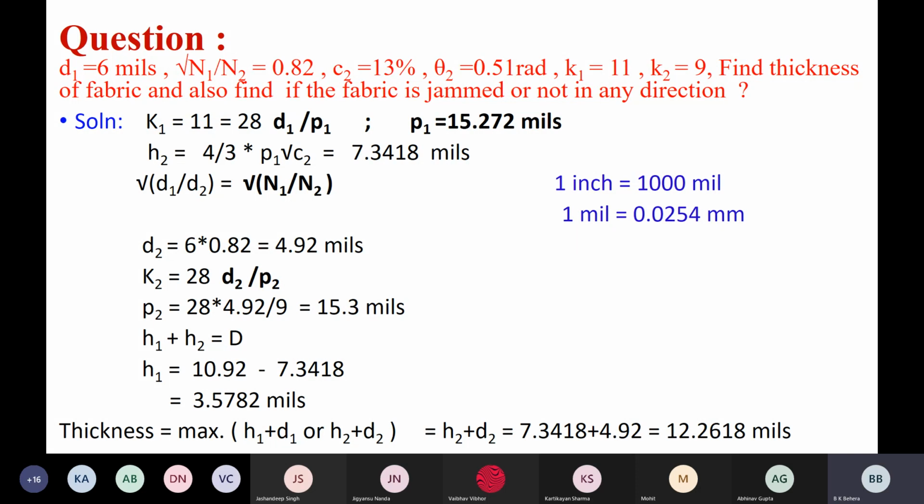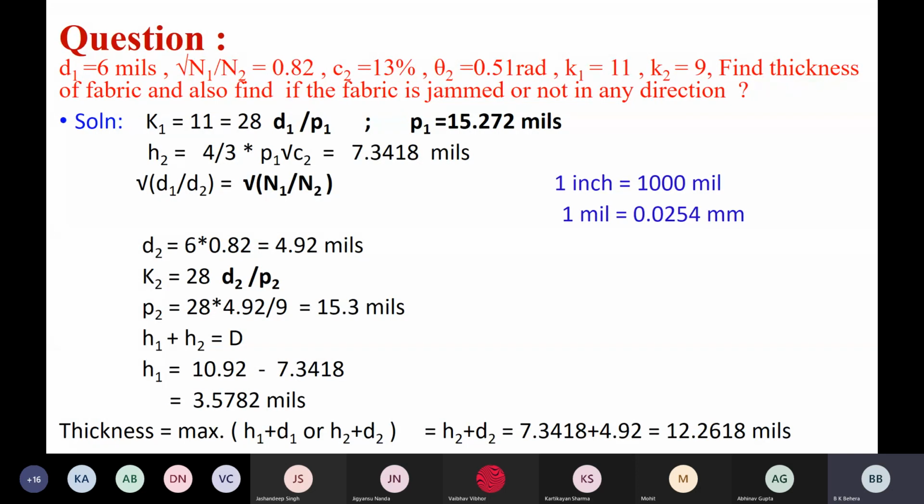So if in any question it is asked whether the fabric is jammed, you have to test warp jamming and weft jamming both, and tell whether it is meeting that condition or not. If it is not meeting, then the fabric is not jammed. If it is meeting that condition, then the fabric is jammed. Okay. So quickly you can note down. It is a common question.